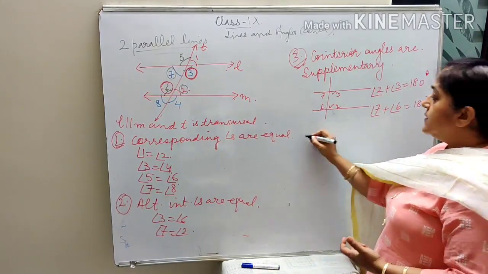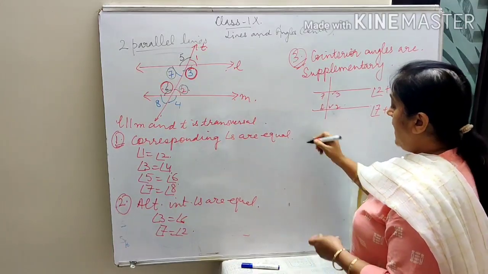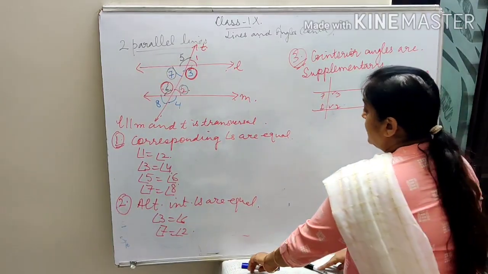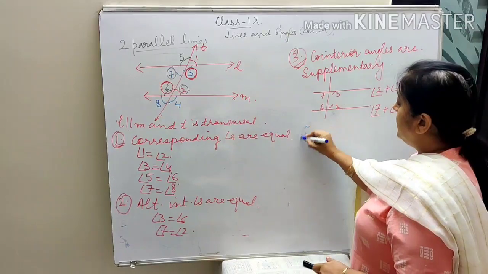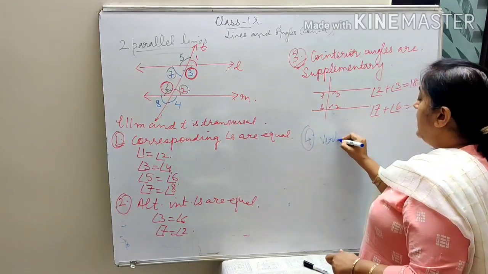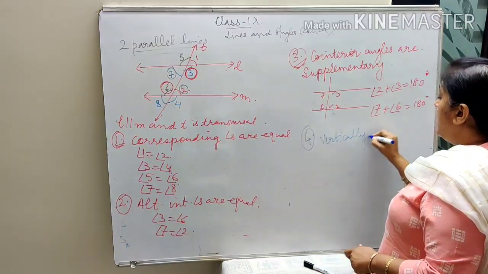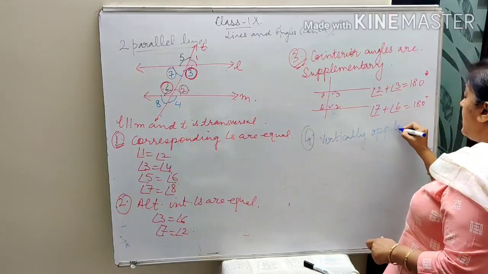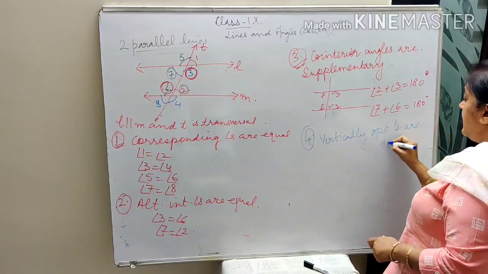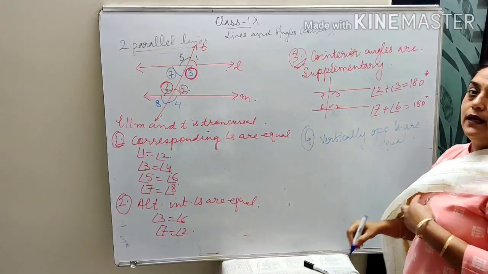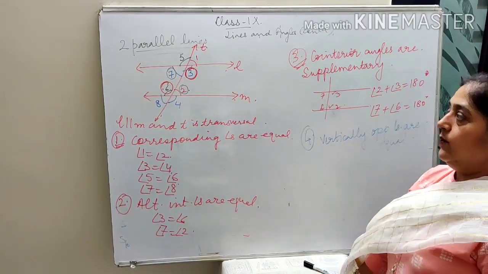What other pairs we can have? कौन कौन से और pair बन सकते हैं हमारे पास इसमें? Next pair आपके पास कौन से बनते हैं? Vertically opposite angles. ये तो आपने theorem में कर ही लिया last time, last exercise में, कि vertically opposite angles are equal. Right?